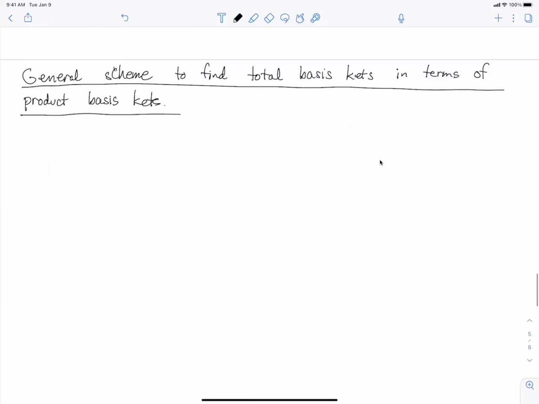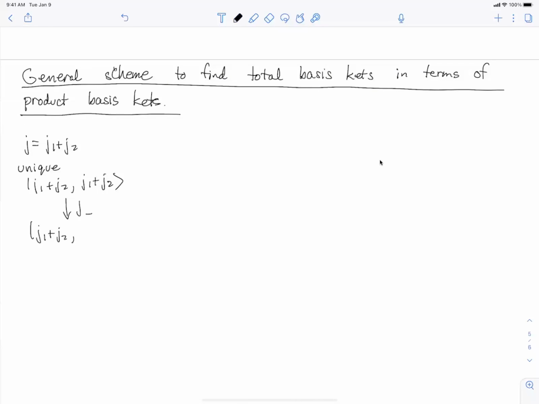So summarizing what we did, we start with the largest value of J, which is J1 plus J2. Then we have a unique ket, J1 plus J2, J1 plus J2. We act with J minus.